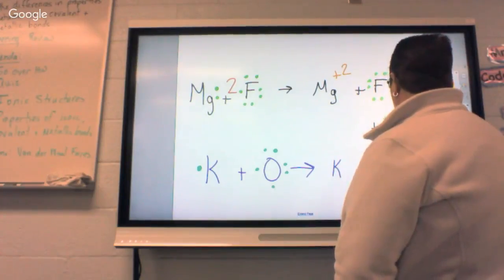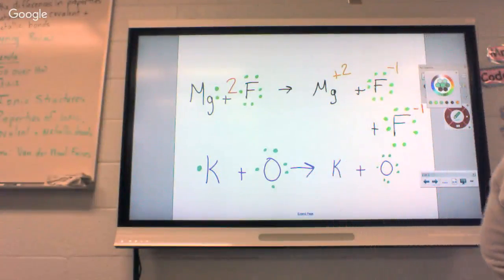Now, O only has how many? It only has 6. Is it okay with only having 6 electrons? Sorry, 7 electrons. No. It only has 7. Now, it's not happy with 7. It wants how many? It wants 8 like every other atom, right?